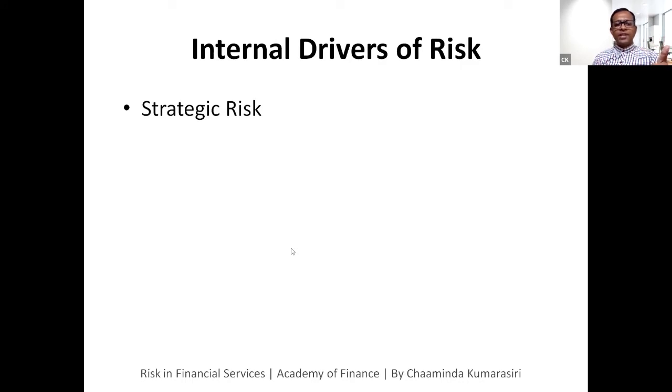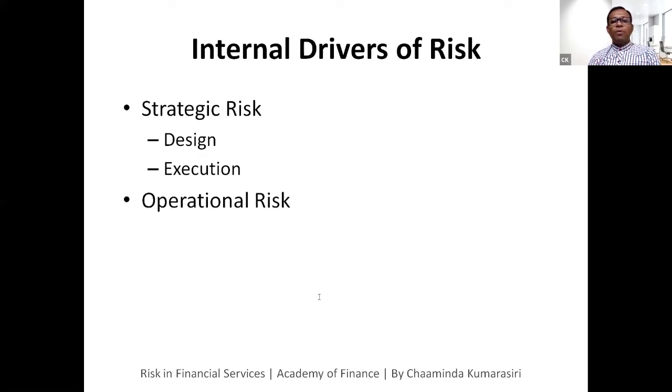So having the wrong strategy, and not being able to execute it, are the two aspects of strategic risk. So that will result in negative consequences, that is strategic risk. That's why I have said design and execution. Design means the strategy, execution is how you implement.